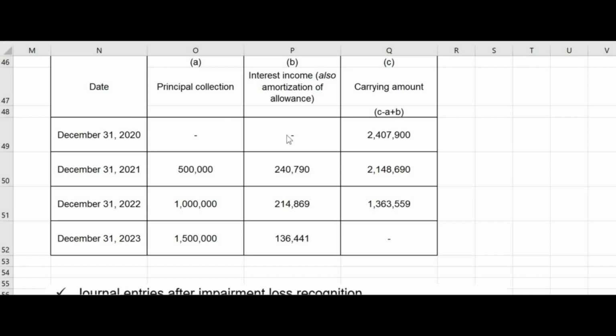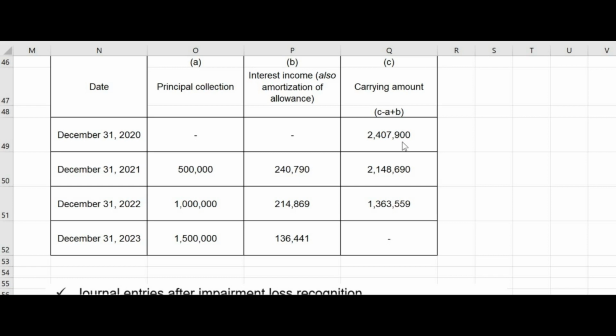So, we have here the carrying amount of your loan receivable as of December. So, what we have to do is to multiply this 2,407,900 by the effective rate that we used in computing for the present value of the future cash flows. And in this case, that was 10%.